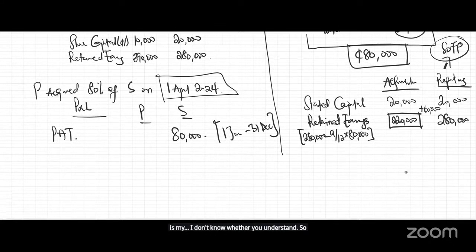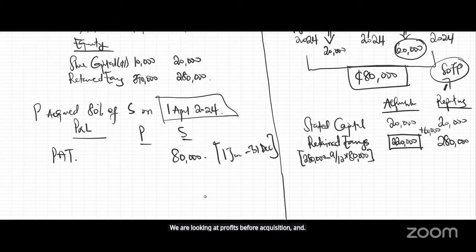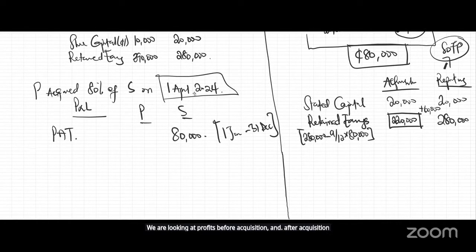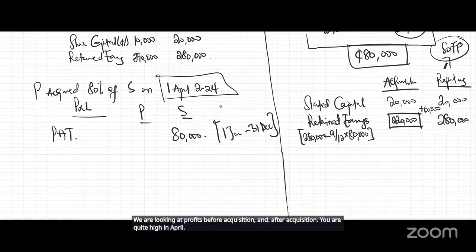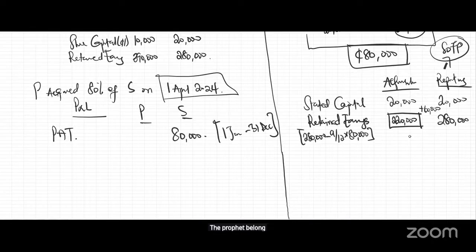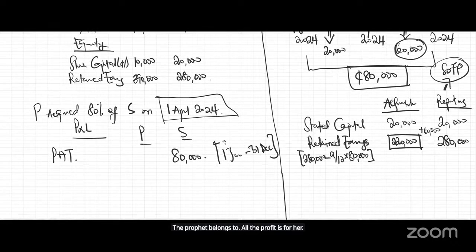Let me explain something. We are looking at profits before acquisition and after acquisition. You acquired her in April. The profit belongs to her. All the profit is for her. Do you get it?